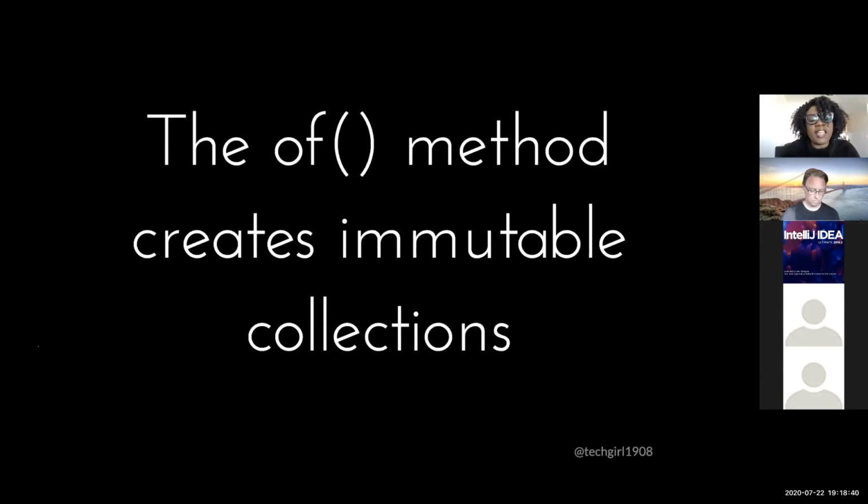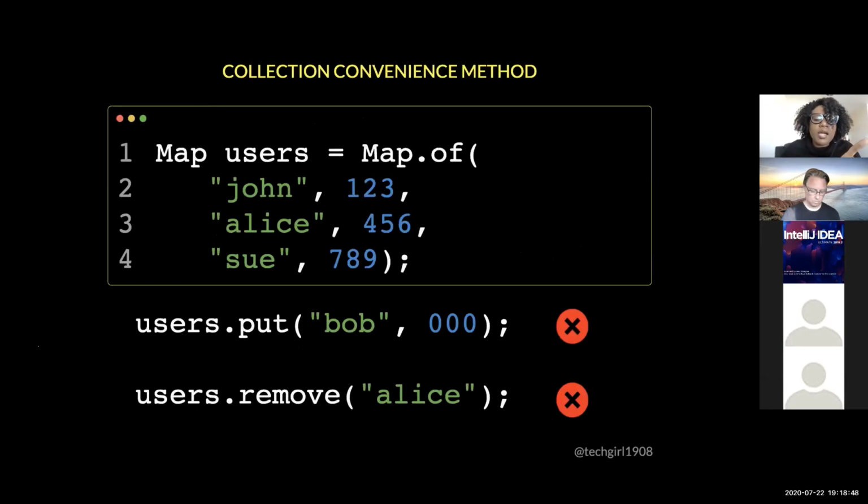Okay, one more thing to note about using the of method is that it creates collections which are immutable. What this means is that the collection cannot be changed by adding, removing, or sorting it later. So only use this when your collection won't require any changes later on in the execution.